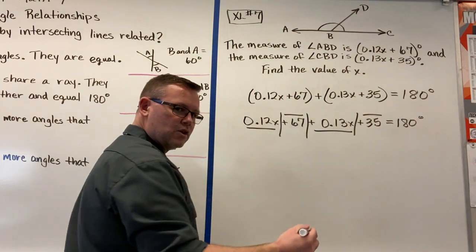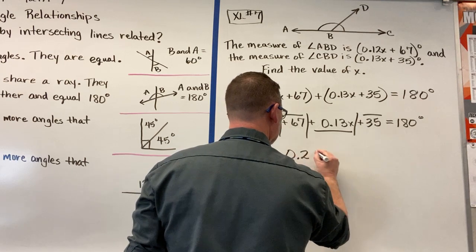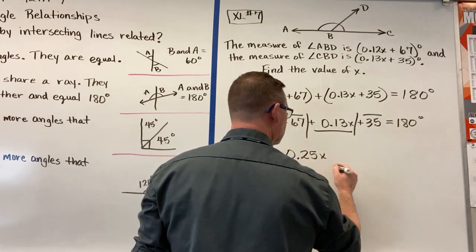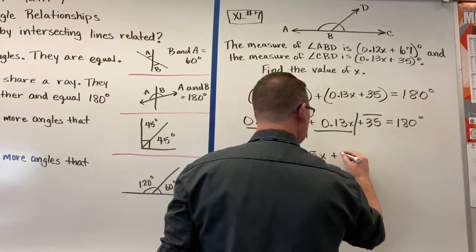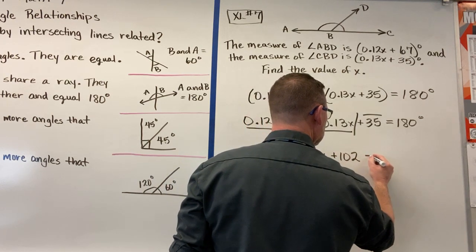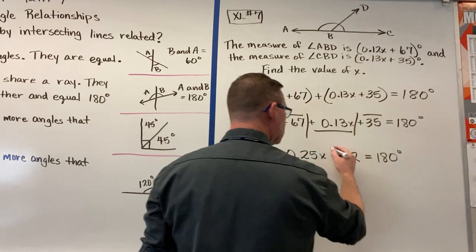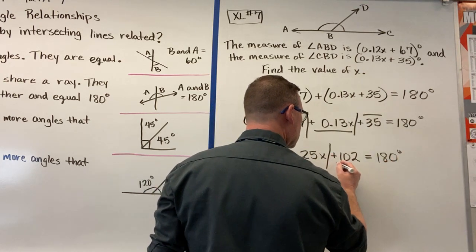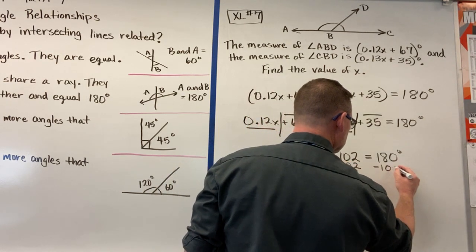So I combine like terms, all right? So this means that this is 0.25X plus 102 equals 180 degrees. Then I separate these terms and I'll go through and subtract 102, subtract 102.